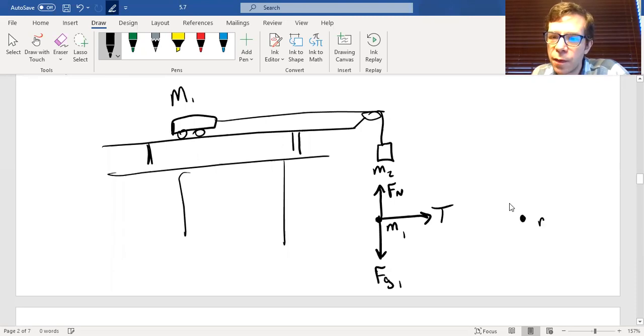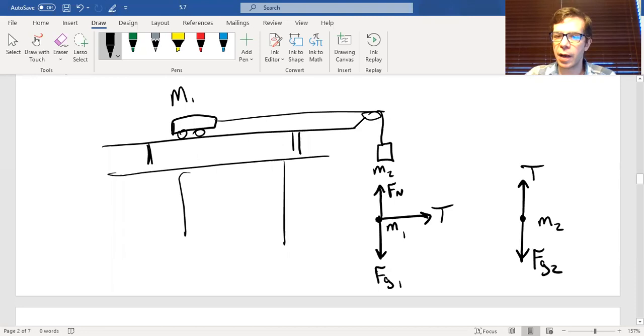And the hanging mass, it's not touching anything else, so that's all of our forces. The hanging mass has a tension. That's the same tension, because it's the same string again, and we're assuming that we have a perfect pulley. And we have the force of gravity acting on mass 2.